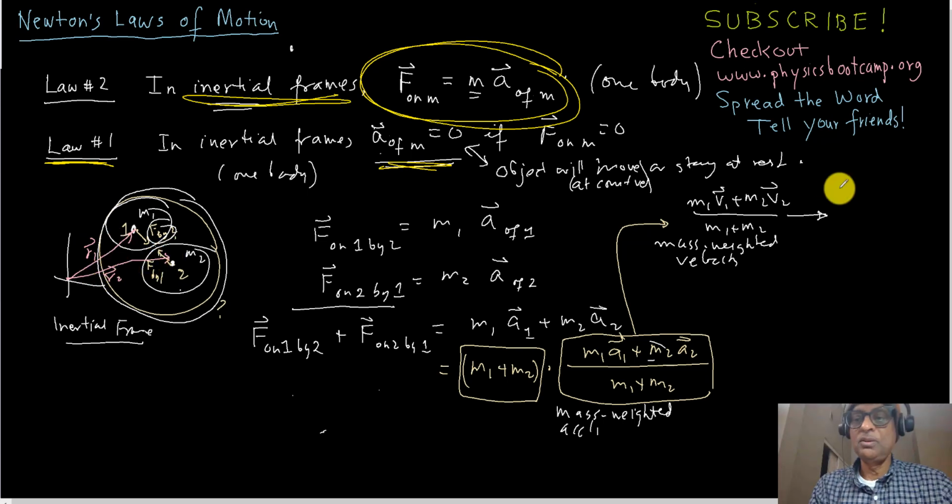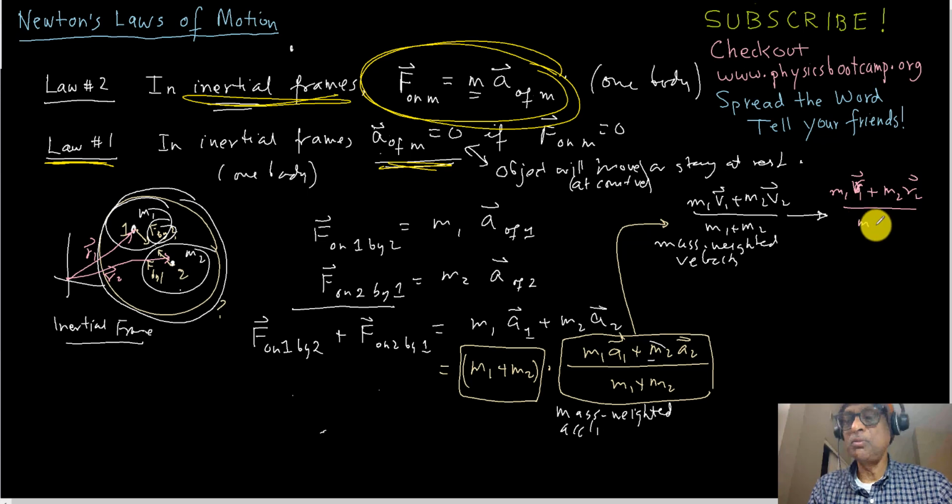So let's look at this quantity, m1 R1 plus m2 R2 over m1 plus m2. So this is mass weighted position.